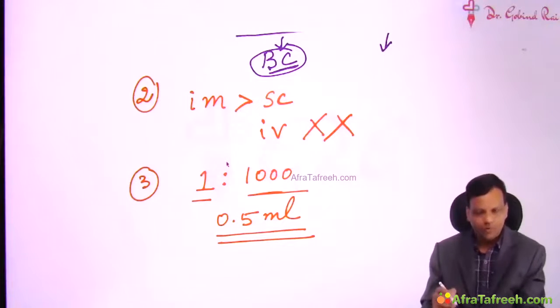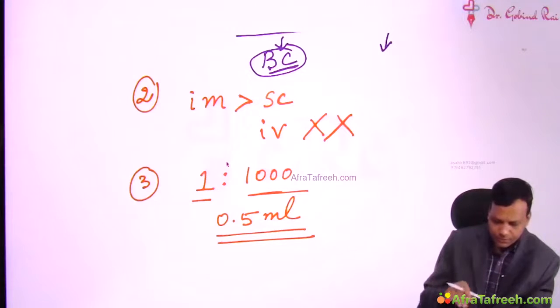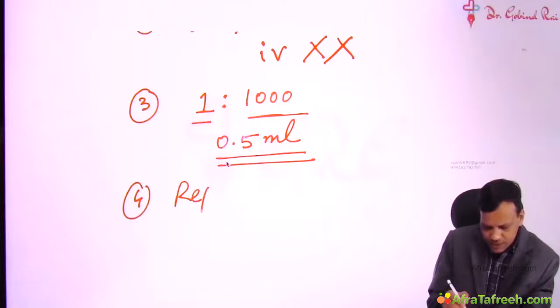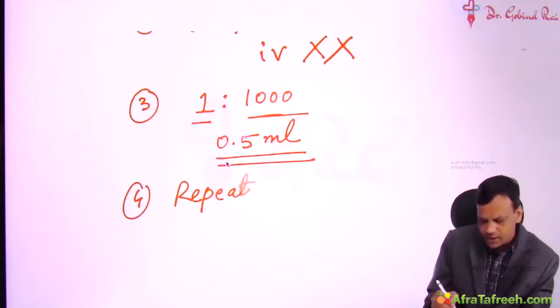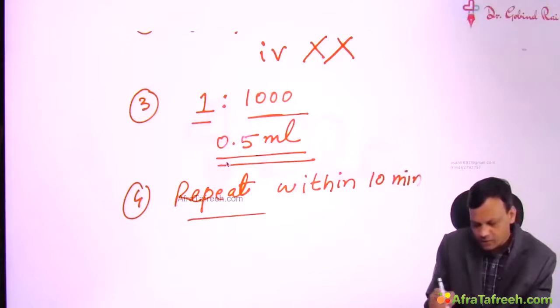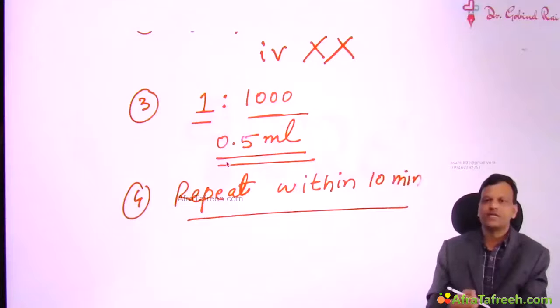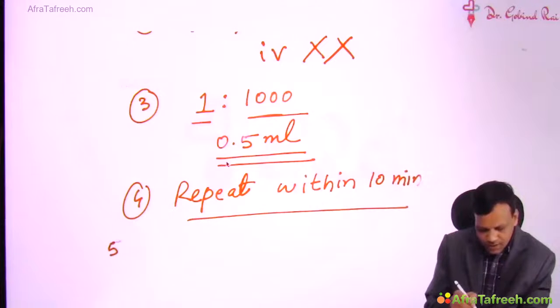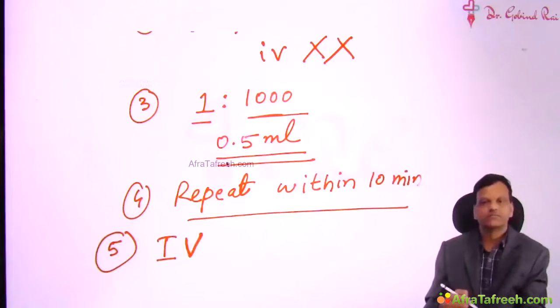If a person does not improve, then we need to repeat. Repeat the same intramuscular dose, but the important thing is within 10 minutes. It is a serious condition, we cannot wait for a long time, so we need to repeat adrenaline within 10 minutes. Most of the people will respond to that dose. If still the person does not respond, then in desperate circumstances we can give IV adrenaline.